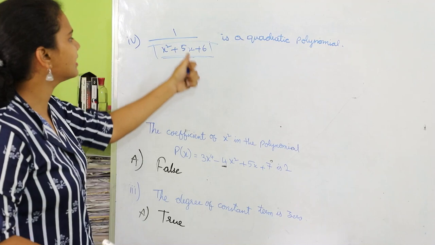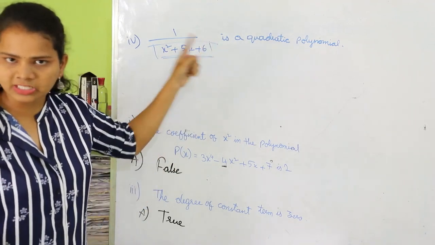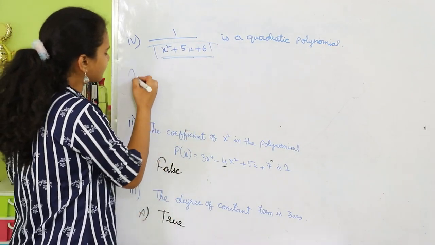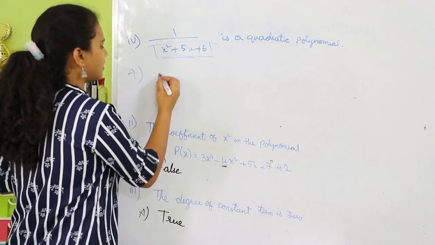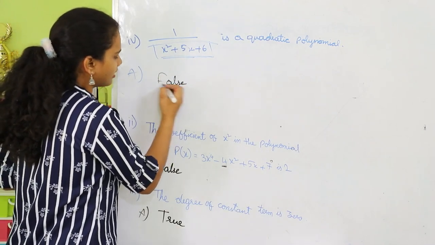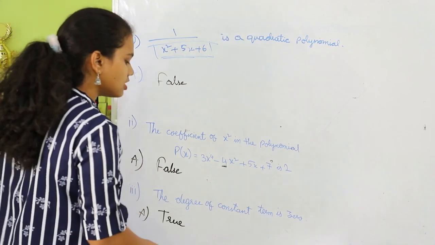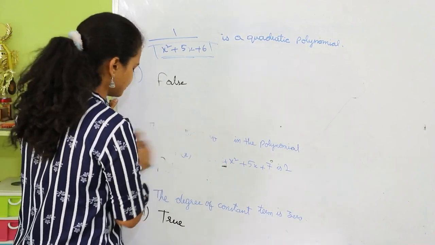But here this polynomial is in the denominator place, not in the numerator place. Therefore, this is not a quadratic polynomial. Therefore, the answer will be false. It's an incorrect statement.